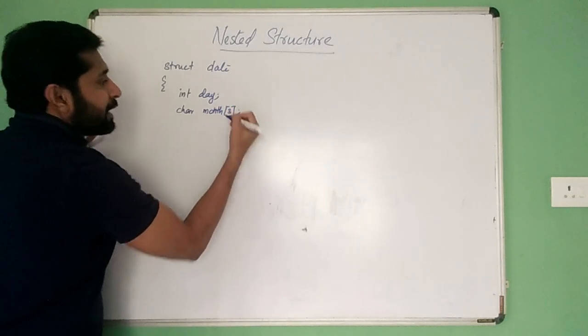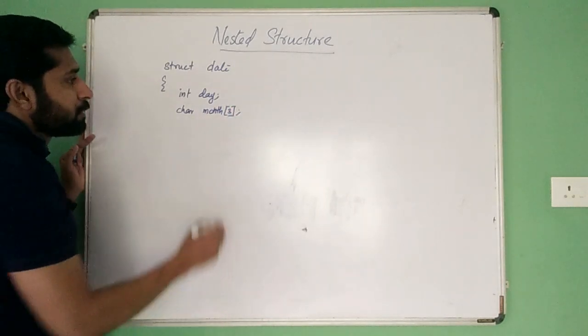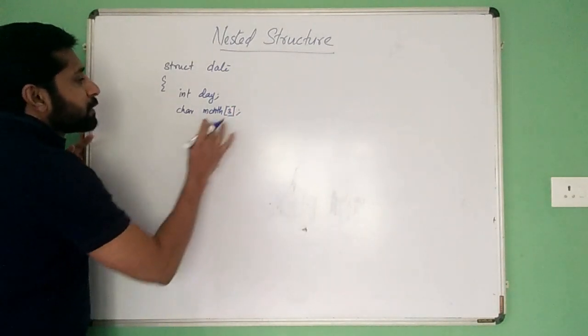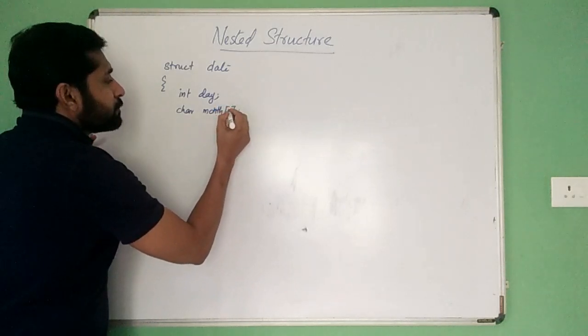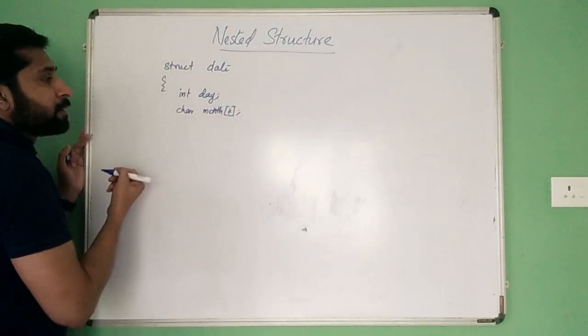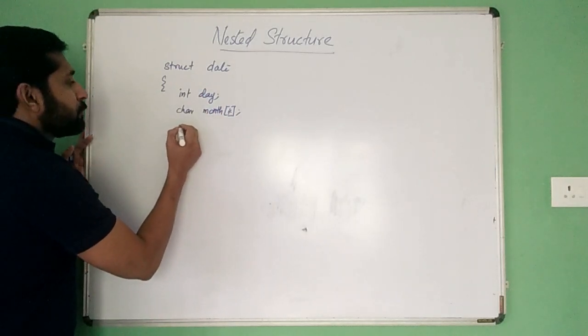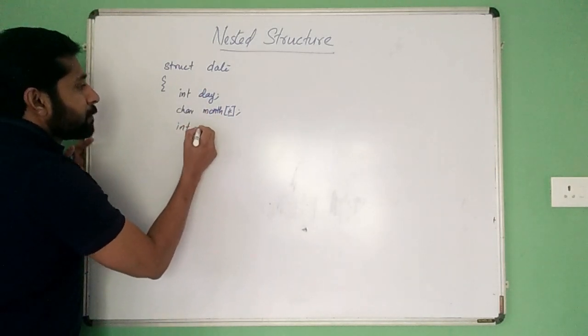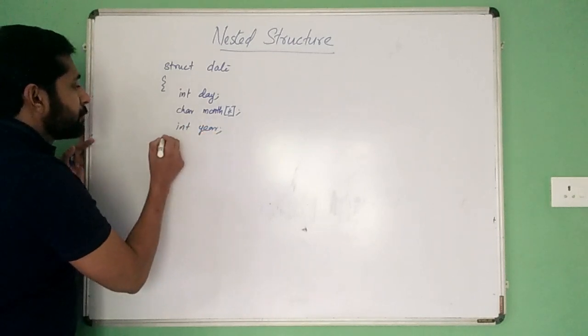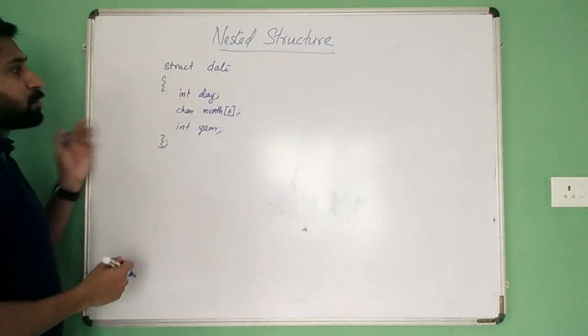We are using 3 letters for month. Or say 4. Then we have year. So this is the structure.